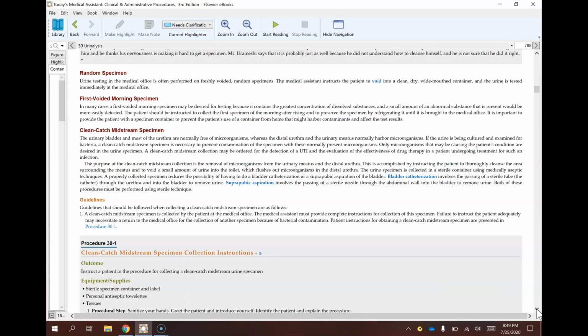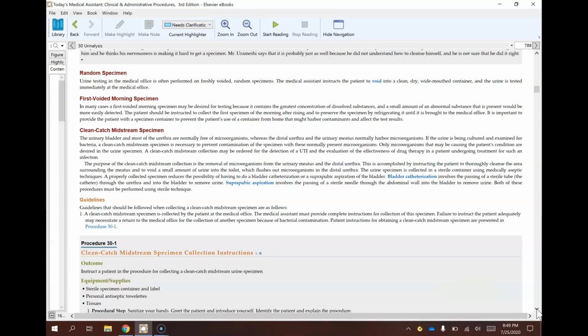Oftentimes, if a patient long-term just is unable to give you a specimen, they have to be catheterized. And a catheter is kind of like a giant straw. It's a tube that is inserted into the patient's urethra in order to get urine for your sample.